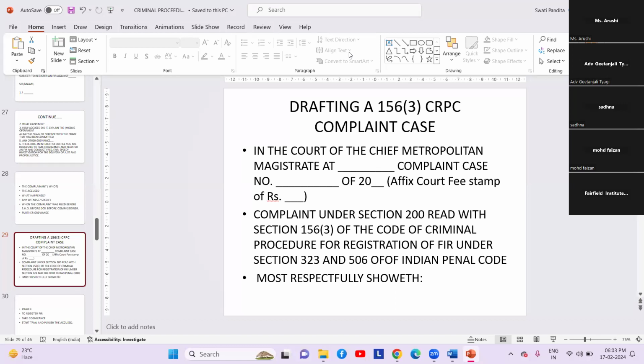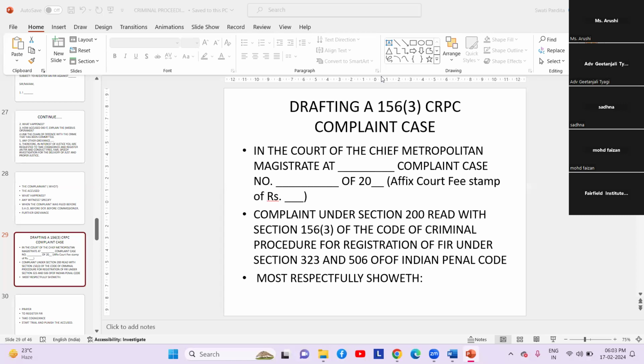And particularly if I'll be talking about UP, Haryana, wahan par you have to draw the complaint in Hindi. How you will do that? I can also give a tip for that. Read it out, try to translate, and there also be very specific.